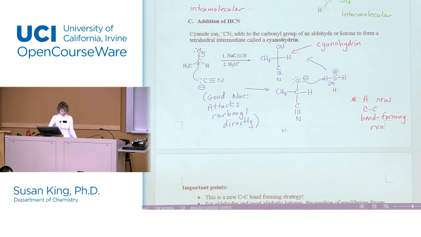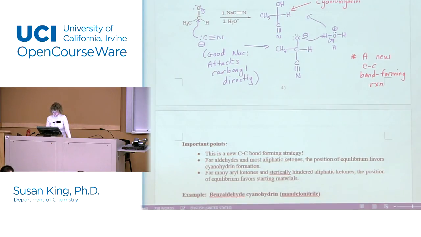All right, so we make a couple points about this reaction on the next page. Aside from it being a new carbon-carbon bond forming strategy, for aldehydes and most aliphatic ketones, remember what aliphatic means? Not aromatic. The position of equilibrium favors cyanohydrin formation. So cyanohydrins are more favored than acetals or hydrates.